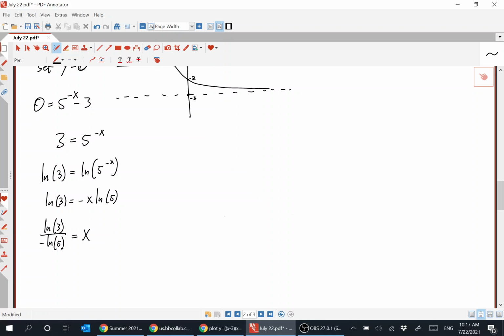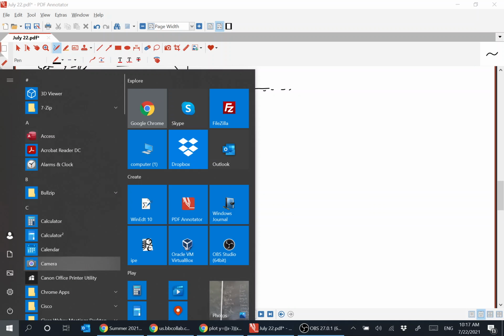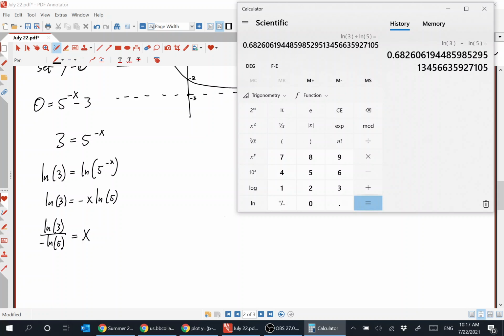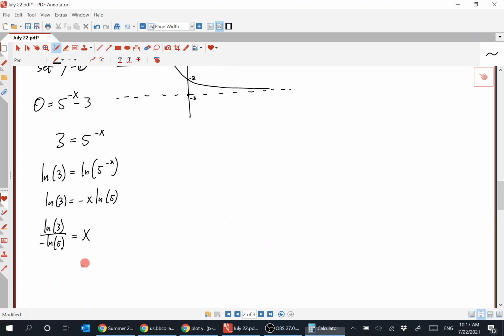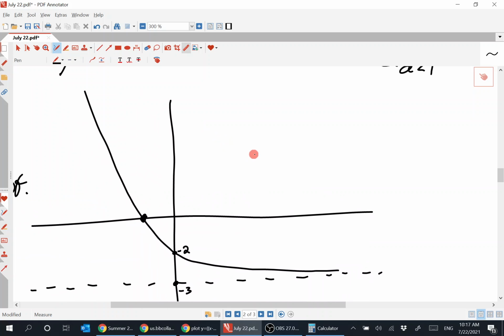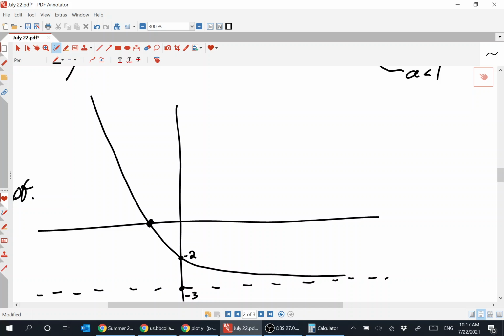But we would like a better idea of what that number is. So natural log of 3 divided by natural log of 5 equals negative 0.6826. All right, so there's that x-intercept. I actually didn't draw this graph steep enough, did I? If this is negative 2, it's more like right here.